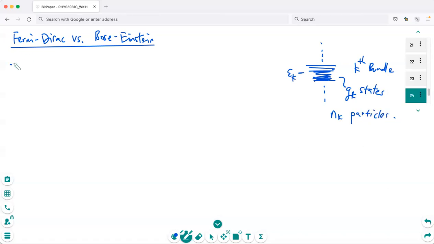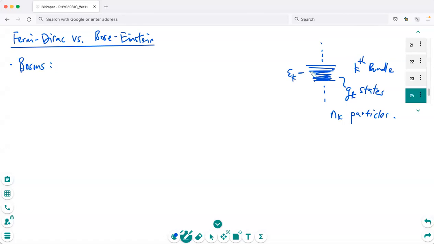All right, so let's begin. Let's start from bosons, because this is the easiest. We have NK bosons. So again, identical flow. We will look at this K bundle.